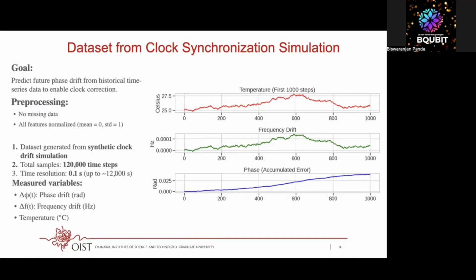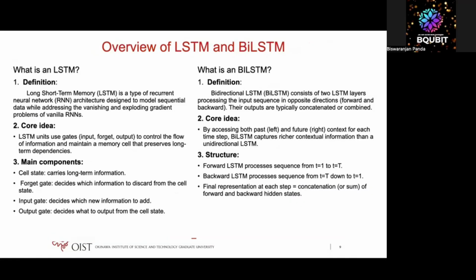Then temperature, as usual in Celsius, which according to the OU model should be 25 degrees Celsius, and you can see in the plot it is near 25 degrees Celsius. Okay, so now we will see the technique that we have used here.